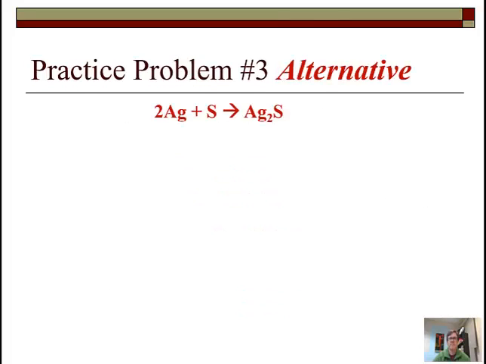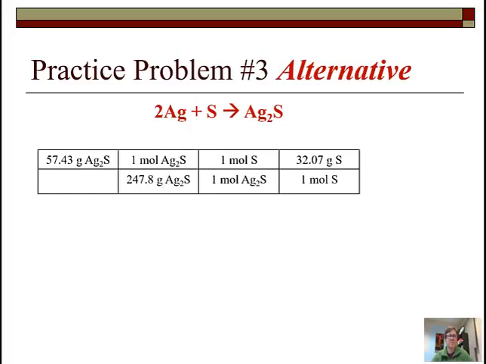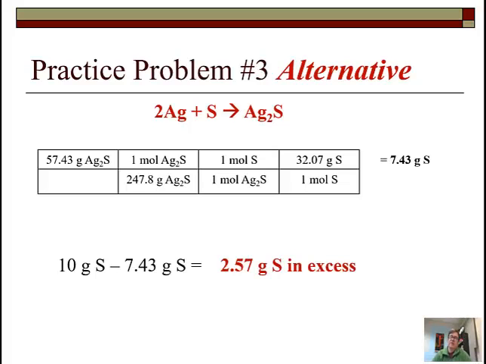Not too bad. All right, let me show you the alternative way of doing this. We figured out that when we started with our 2 different amounts of reactants, we were going to produce 57.43 grams of silver sulfide. I could also ask the question, well, how many grams of sulfur would I need to make that amount? And the same thing as we did with changing silver into it. Okay, we need 7.43 grams, and we can then take 10 minus 7.43, and we get the same thing.